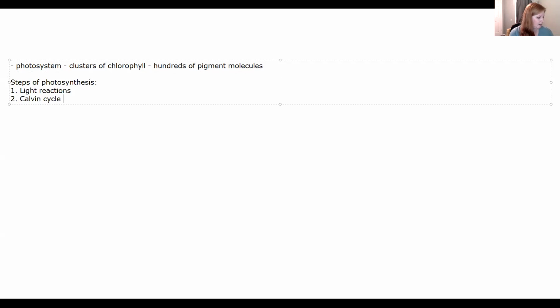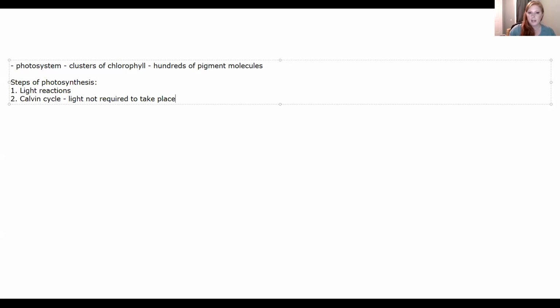It's not really accurate, but it was a way I think that sometimes they tried to help us remember that the Calvin cycle doesn't require the presence of light to happen. The light reactions, as the name would imply, does require light. Okay, but for the Calvin cycle to happen, you don't need any light striking the plant.